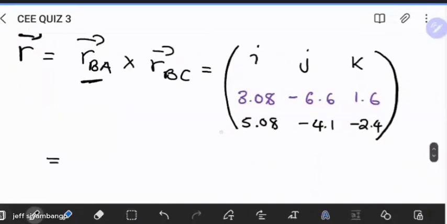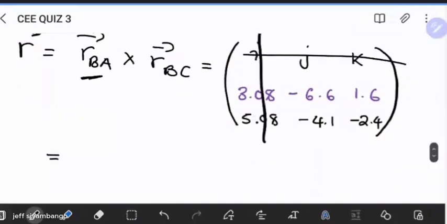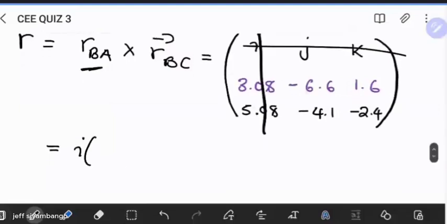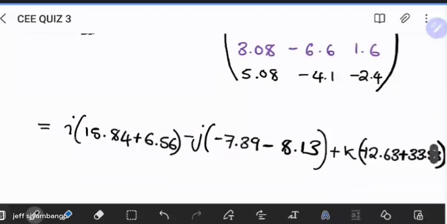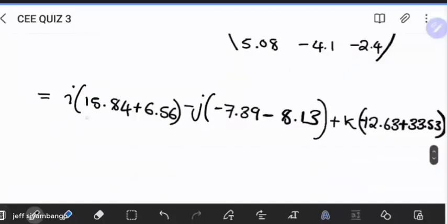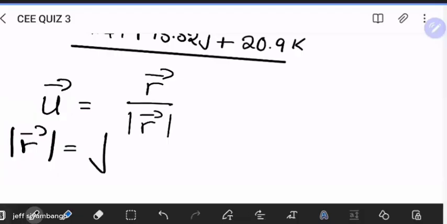So the answer will be, as it goes, first do this and that. Here you're doing it for I. And this is going to be minus 6.6 multiplying minus 2.4. What do we get? Now that we have done this, we can simplify. What will this be? Okay, just a minute.